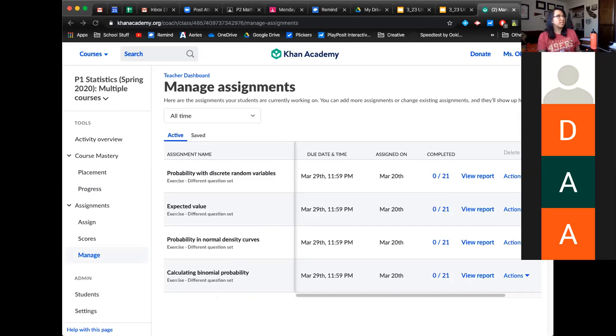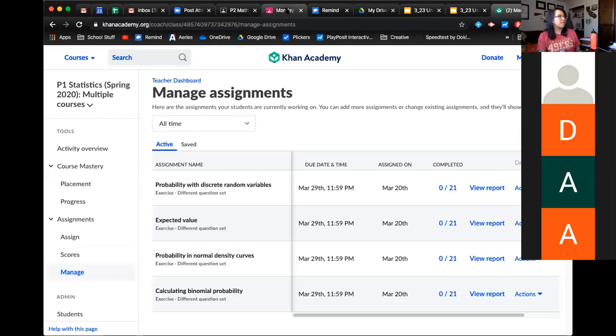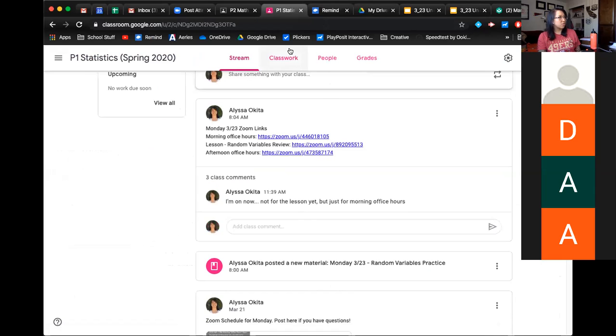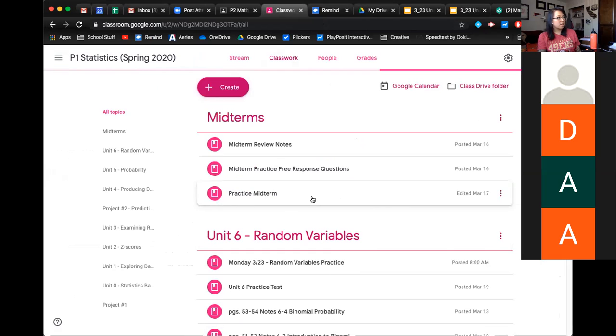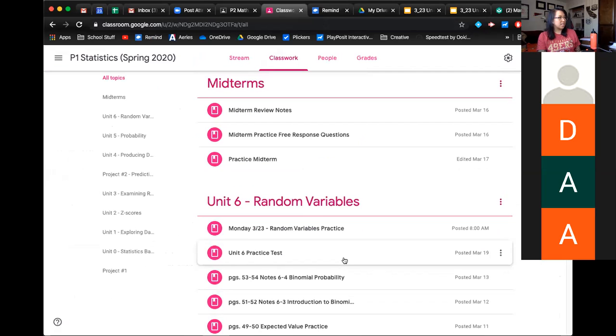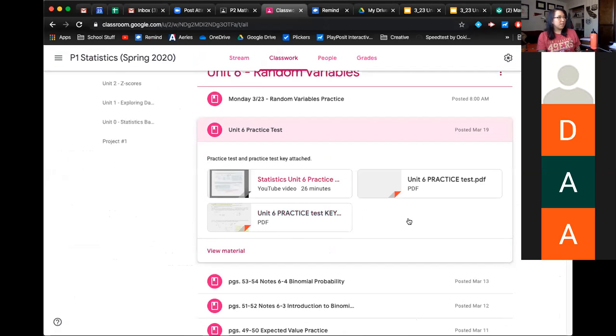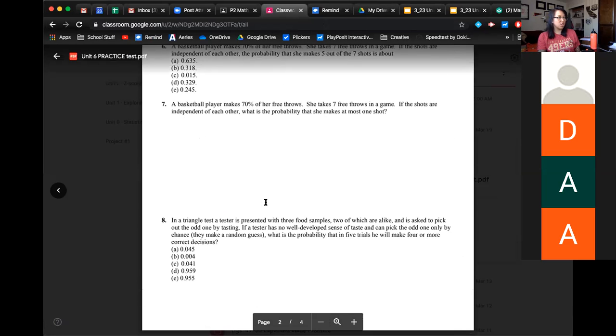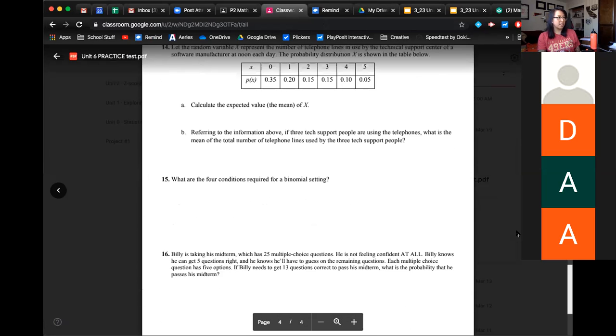It's just good practice. The other thing I would advise that you do is, well, I put it on here. It says for homework, you can work on the Unit 6 practice test, which in Google Classroom, if you go to classwork, the practice test is here, because I really have taught you everything from this unit. So for you to get an idea of how much you remember, you can go ahead and do the practice test.